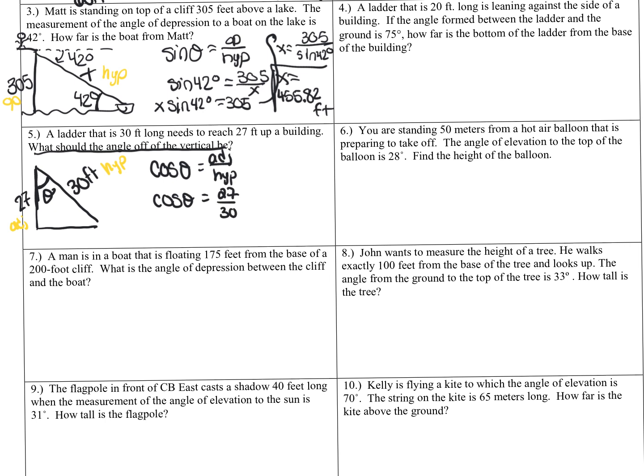Remember from our last video, if I want to get to that theta, I have to arc cosine both sides, and if I do it to one, you do it to the other. These undo each other. So you are now left with theta equals arc cosine of 27 over 30. And so when you type that in the calculator, theta comes out to be 25.84 degrees. Make sure you label it.